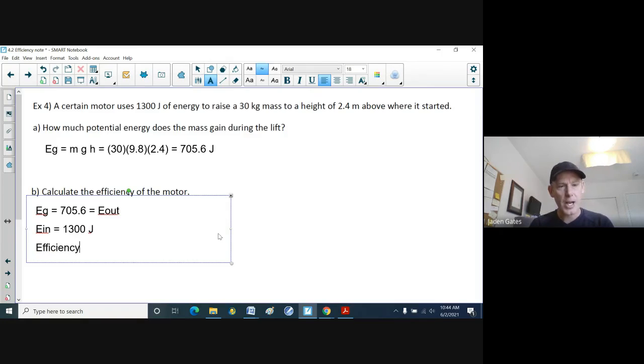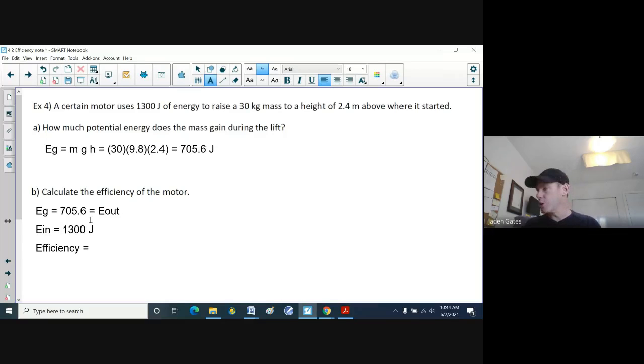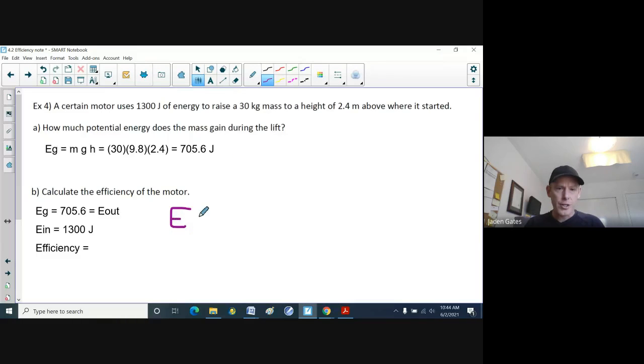Now here's something I'll bring up: when you compare your energy output and your input, maybe you get confused on which one's which. That's a common thing that happens. Well, check out my formula here. Efficiency is equal to E out, the output, what actually resulted, divided by the input, times 100%.